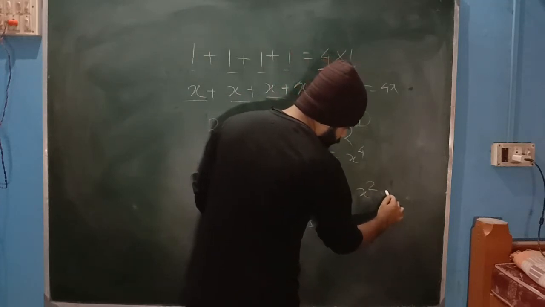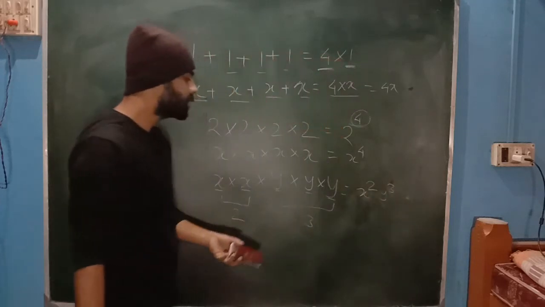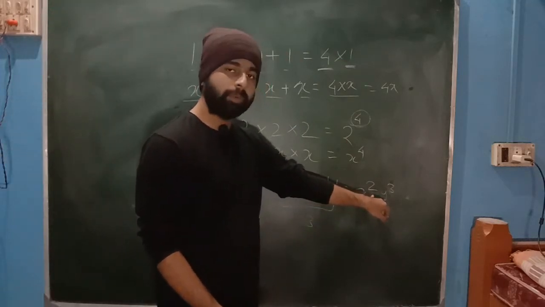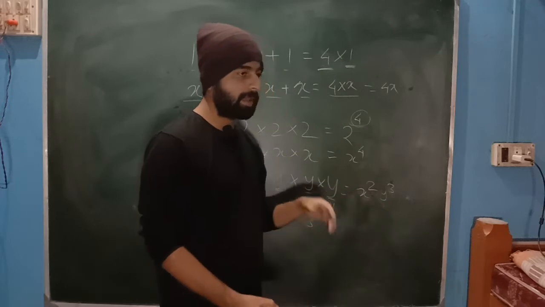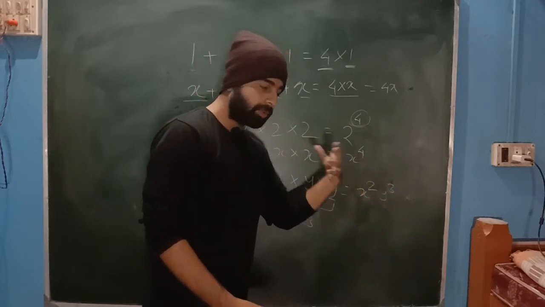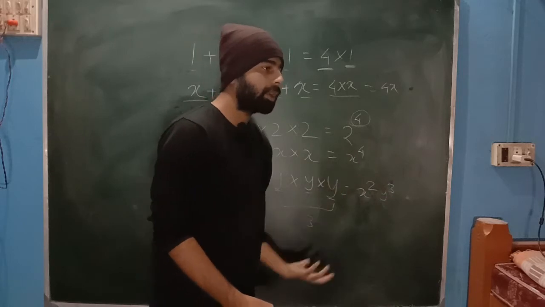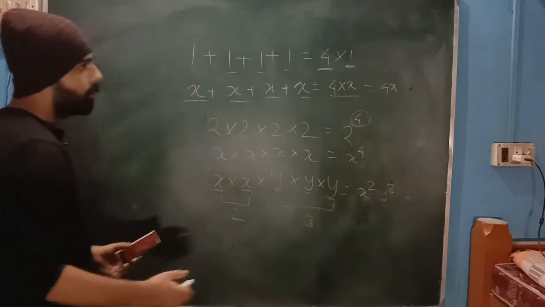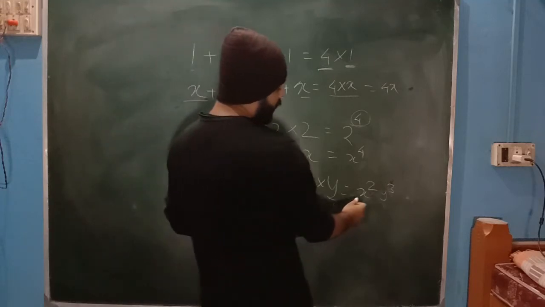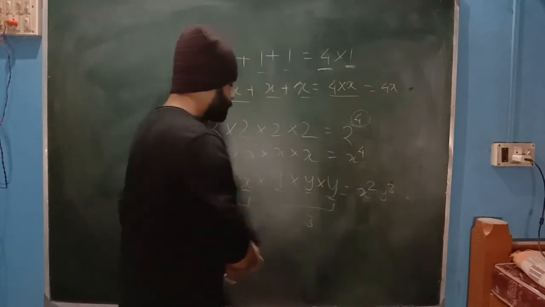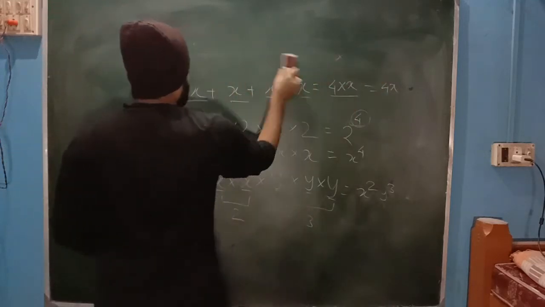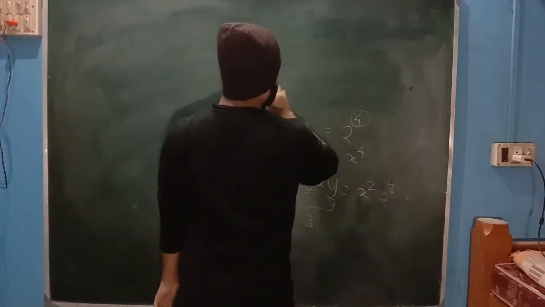Commonly it will be called square, x square, or something to the power 3 is called cube. So cube for 3 and square for 2, that is the important thing. So x square and y cube, this is the basic fundamental. Now another part is important here.